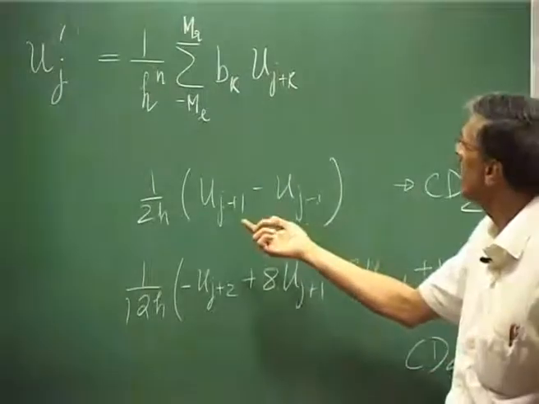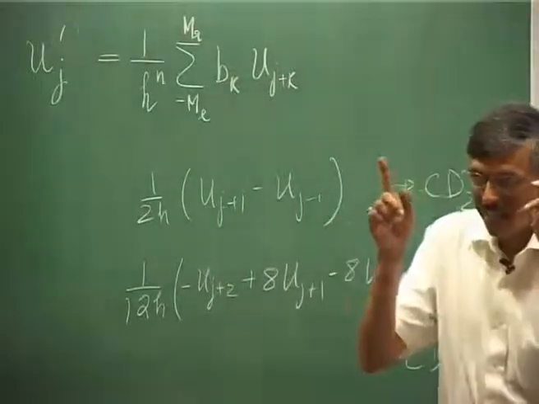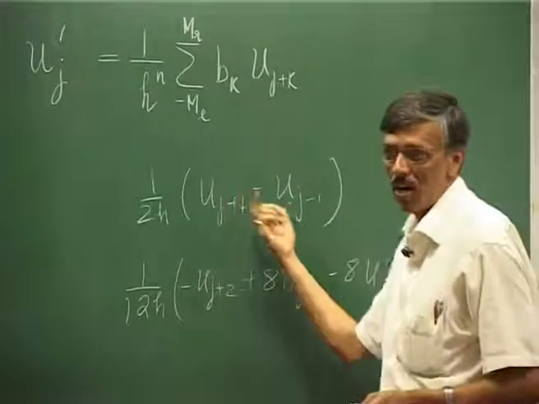What I am saying essentially is that about the jth node, the coefficients are symmetric in modulus. The signs are opposite.